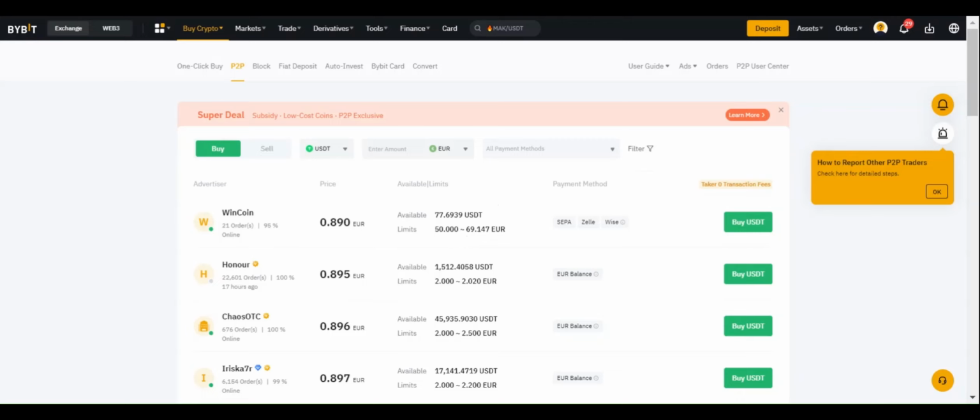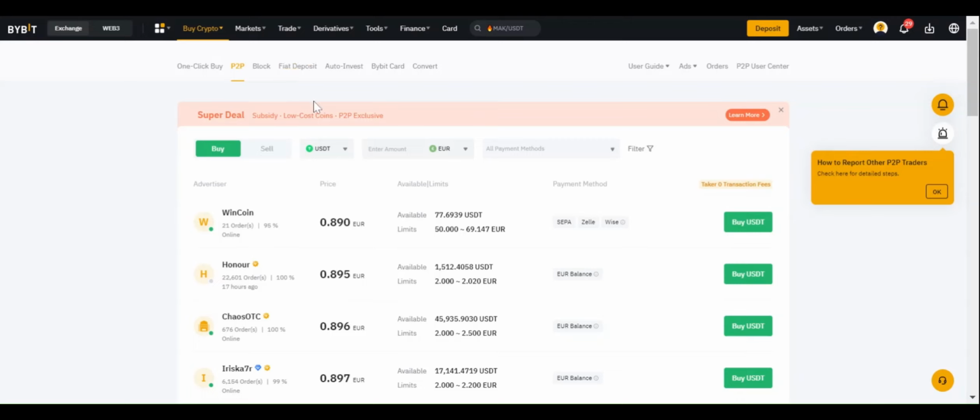So this person has available 1,512 to sell USDT. This person has only 77. So if your order doesn't match with someone who has 95% and above completion rate, you can just go for someone with 90. So I think those are the two methods of buying crypto that I would recommend, right?